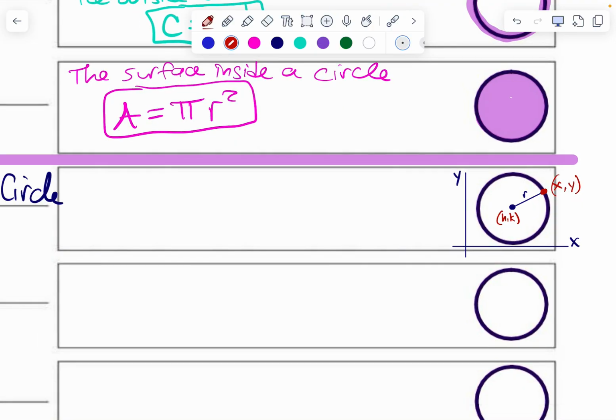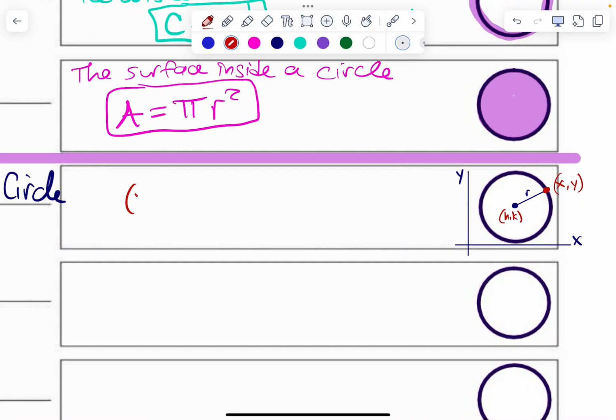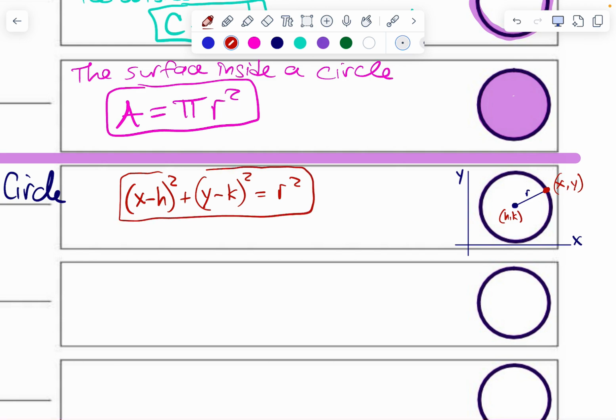So for a circle, it looks kind of weird. X minus H squared plus Y minus K squared equals R squared. You might say that you see some similarity to the Pythagorean theorem there, except these variables are now specific to a circle. So we need to define what H and K are. Can anybody tell me, just based on what we've said, or what we've drawn, I should say? Yeah, good job.